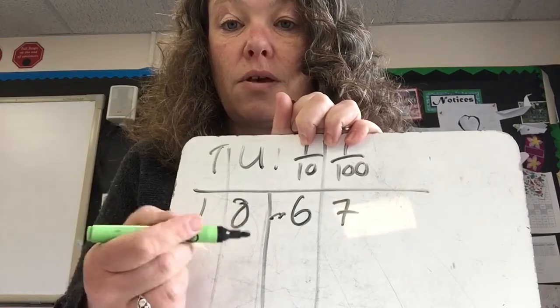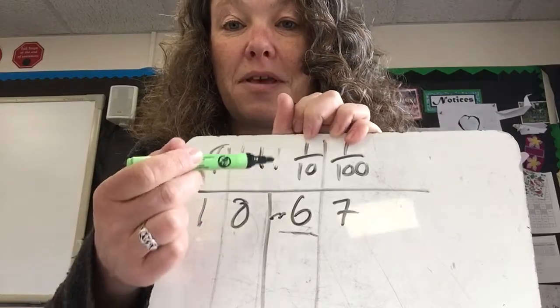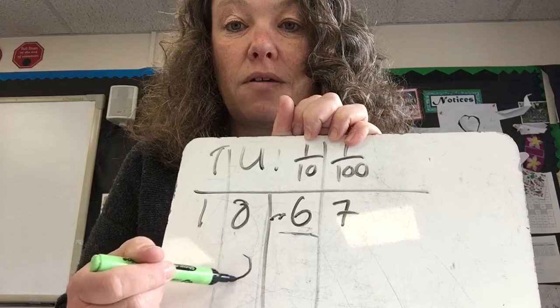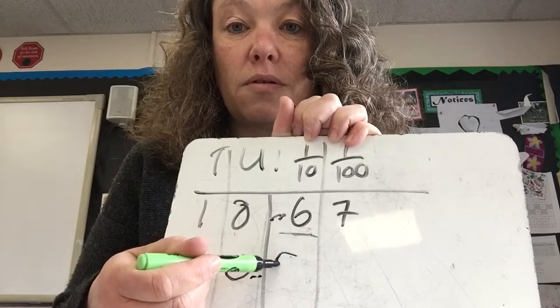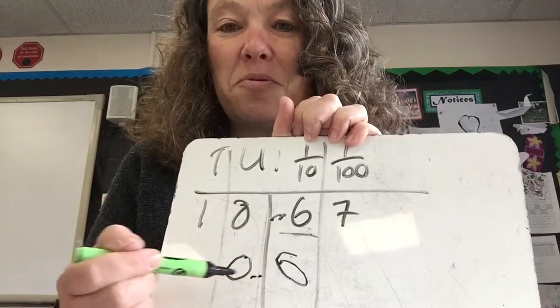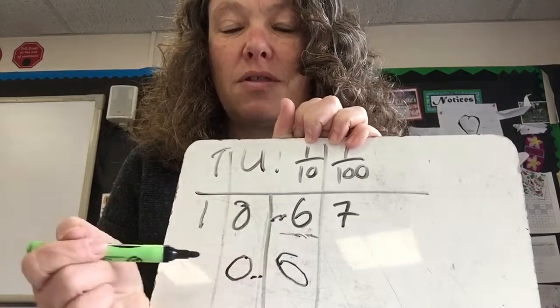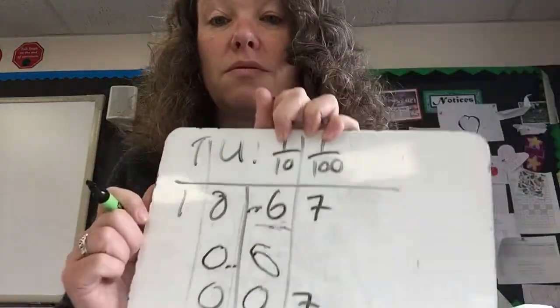If we underline this one, this is in the tenths column, so we would write it as 0.6. That's if that one was underlined. If it was the 7 that was underlined, we do 0.07.